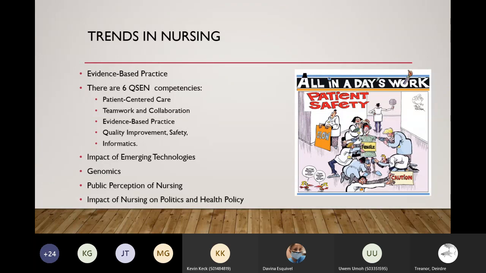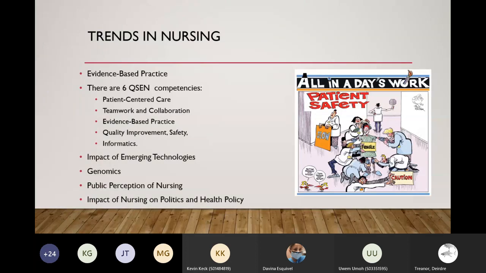So the public perceives nurses as being honest. There was only one time in recent history when nurses were not ranked number 1. Nurses were ranked number 3 or 4, and that was after 9/11. After September 11th, police and fire actually rose to number 1 and number 2 spots.